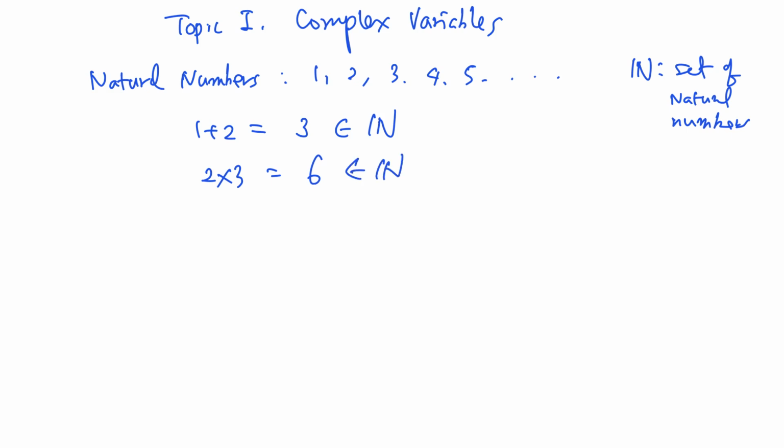How about subtraction? If you subtract 3 from 2, what do you get? Which is minus 1. It doesn't belong to natural numbers, right? How about division? 2 divided by 3. It doesn't belong to natural numbers.